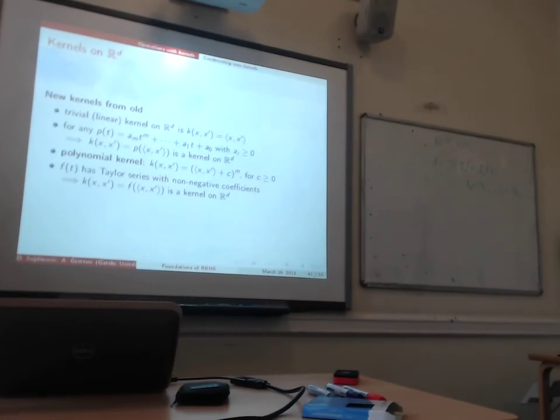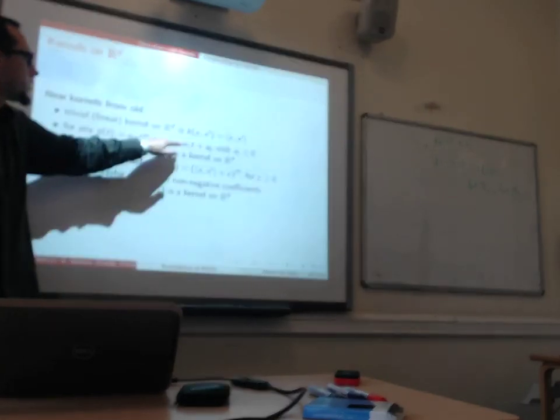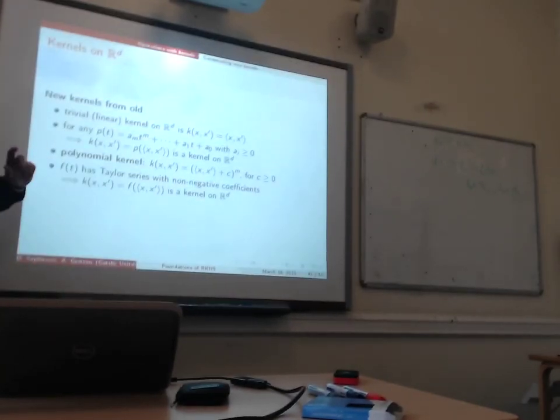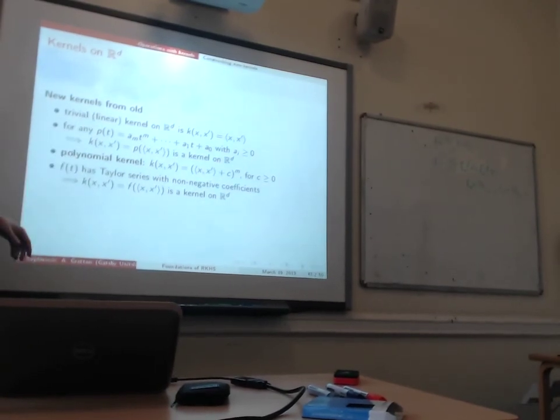Also it turns out that you can continue this reasoning and make this sum have infinitely many terms, subject to some convergence conditions.